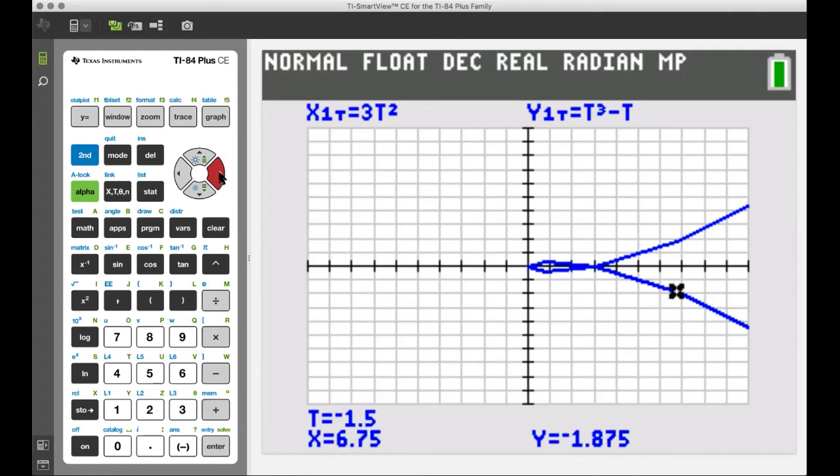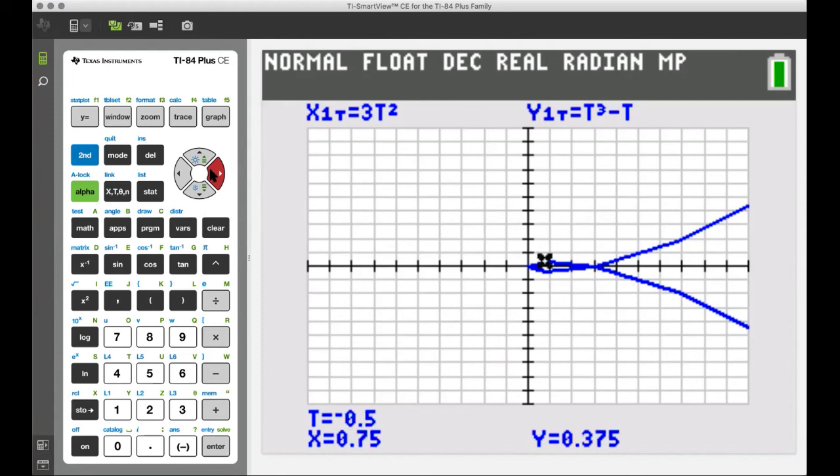Oh, there it is. Notice I'm at a t-value of negative 1.5, and if you check out the curve right there, it does look like it is bending concave down, which is what we had found, that when t was less than 0, our curve was concave down. Let's keep going. Right now, I'm at a t-value of negative 1, and it still looks like it's bending concave down.